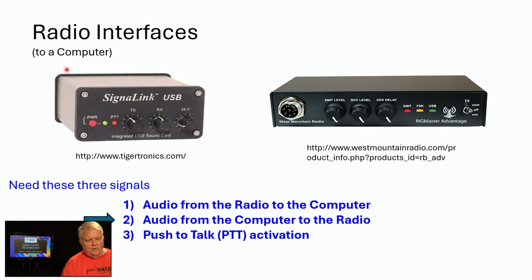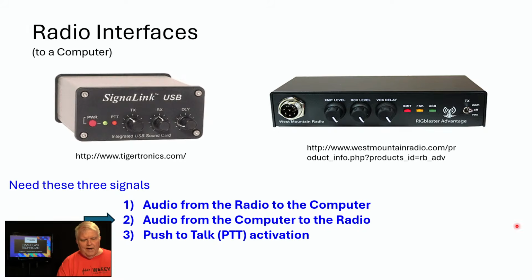So the SignaLink was one, West Mountain Radio was another, and you could actually then use these to send audio from the radio to the computer, audio from the computer to the radio, and that all-important third thing, the push-to-talk, the transmit activation, which is what you needed to do.